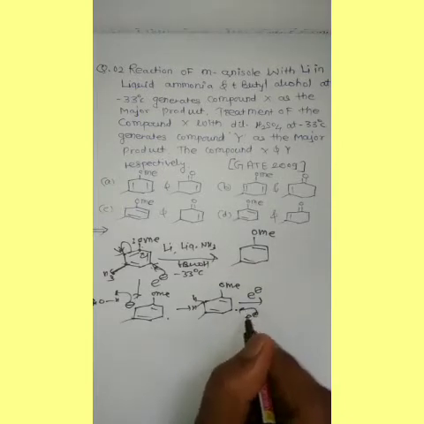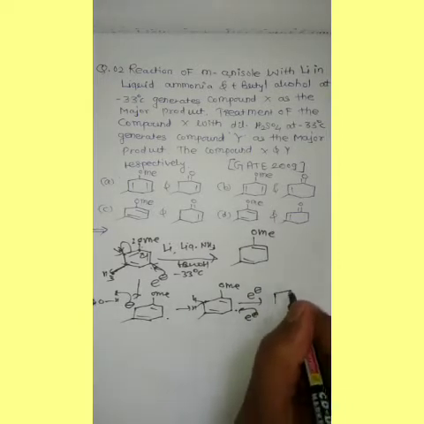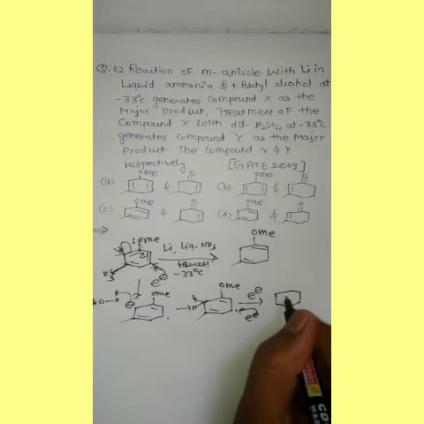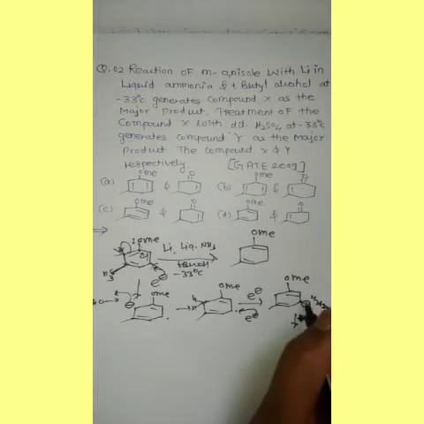Again the second electron is transferred to this position, that is the meta position of the OMe and methyl groups. We get the anion, and this anion abstracts the proton from the solvent, tertiary butanol, and we get the product. Okay, this is our X product.